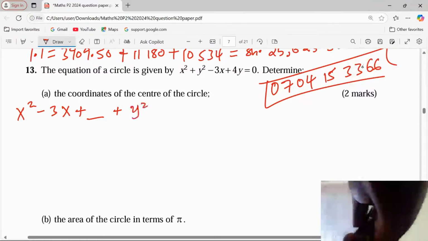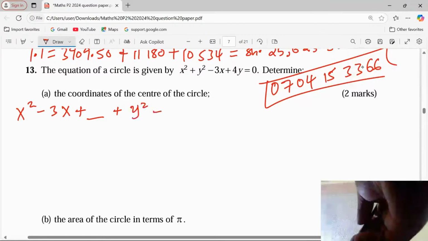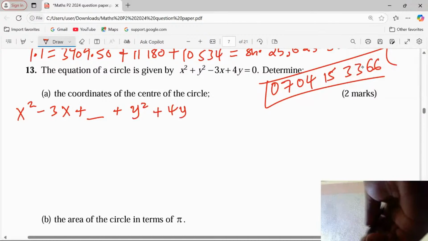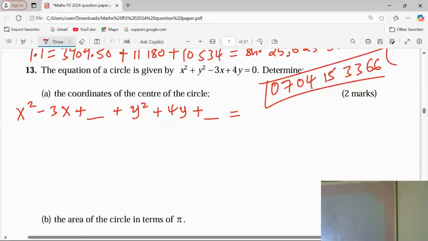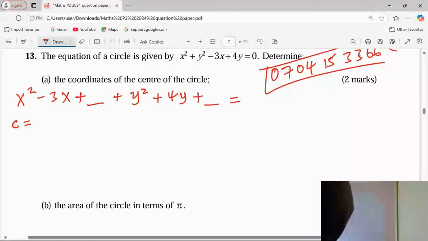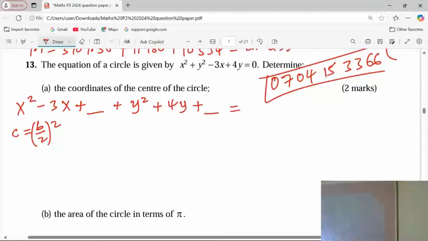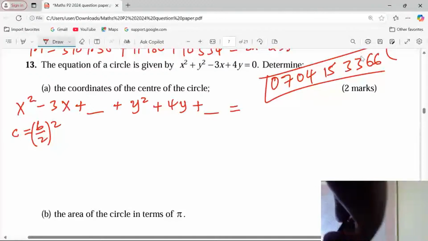Then we go to the y: plus 4y. We also complete the square here. Now on the right-hand side, we shall add all the constants after completing the square by the value of b over 2, then we square. So the first constant: negative 3 over 2 squared becomes 9 over 4.